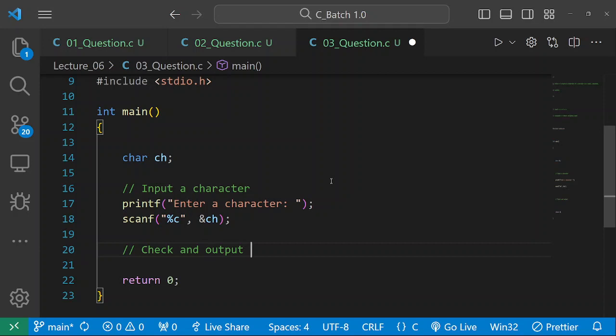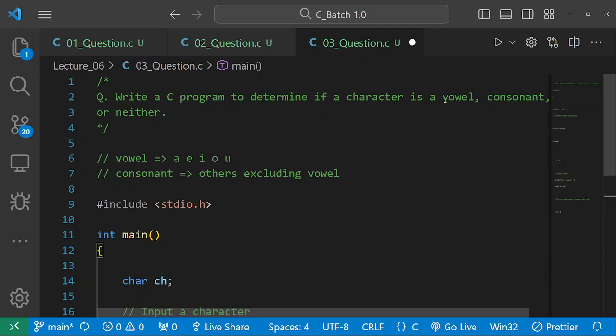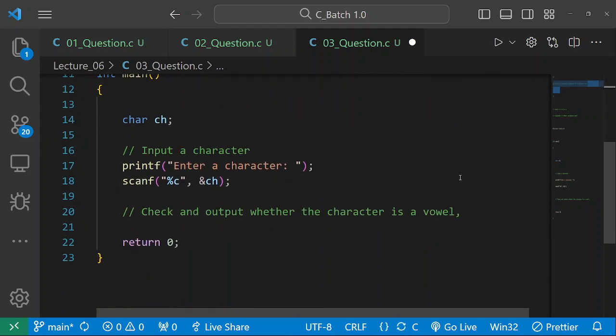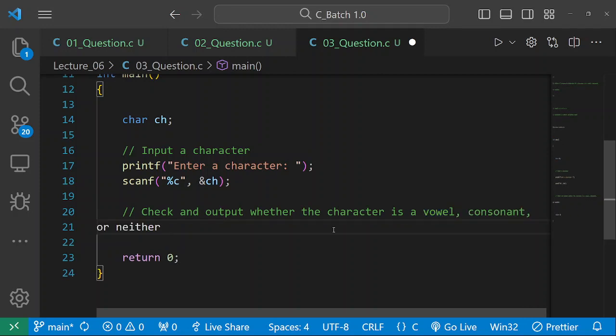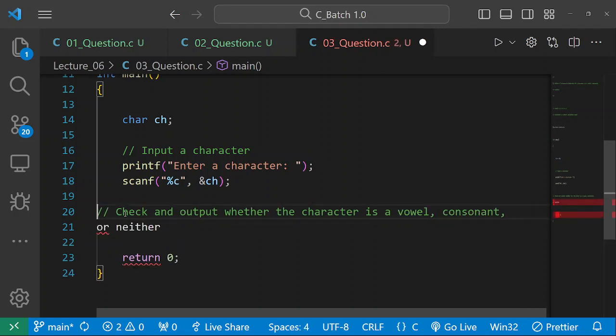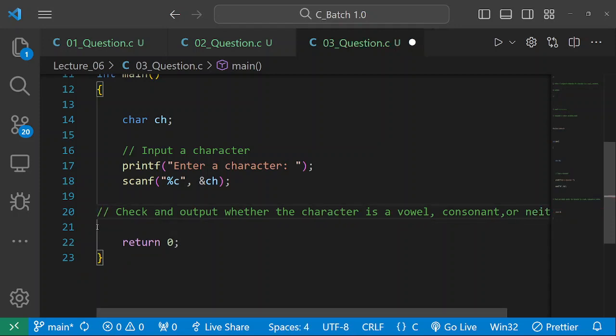We need to give the output whether the character is a vowel, consonant, or neither. Writing a comment improves the readability of your code. That's why I'm writing a comment.